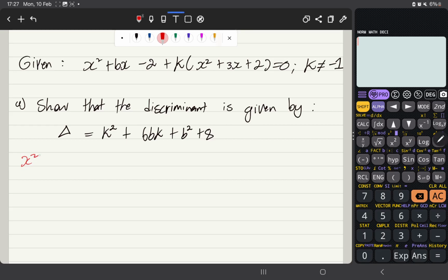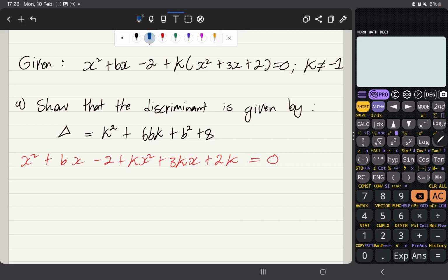So I still have x squared plus bx minus 2, and then I have plus kx squared plus, I'm now multiplying k into the brackets, 3kx plus 2k, the whole thing being equal to 0.